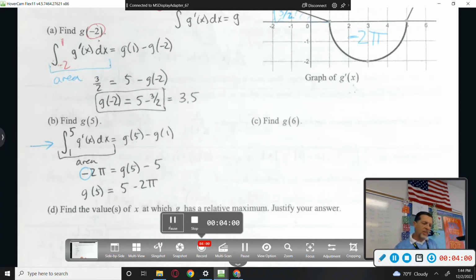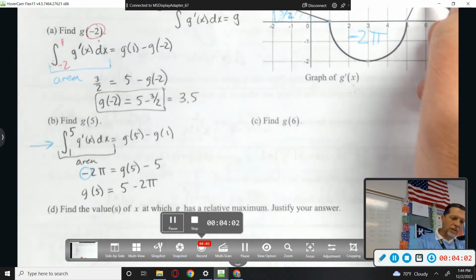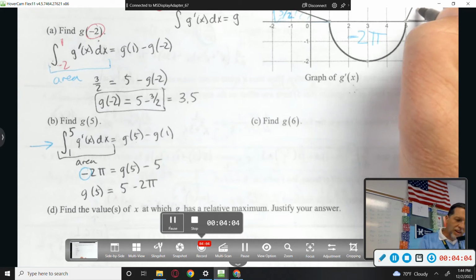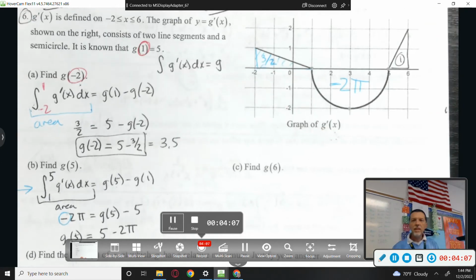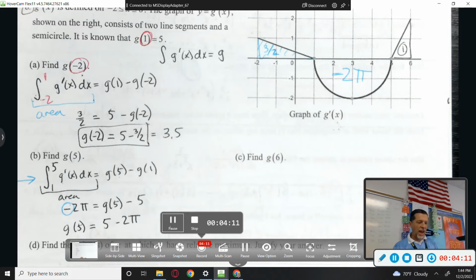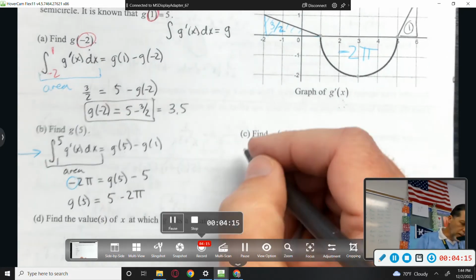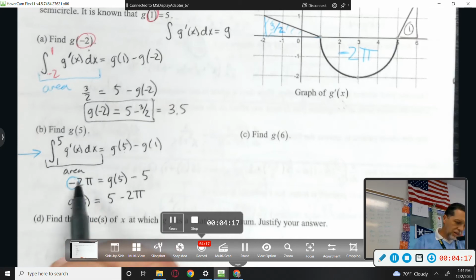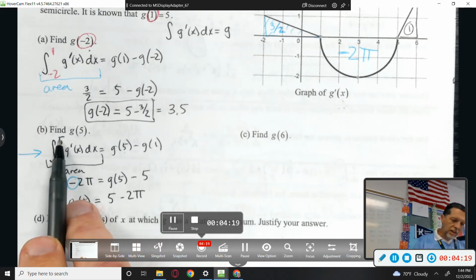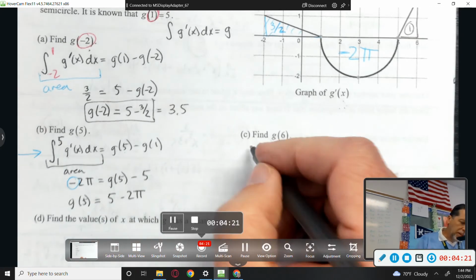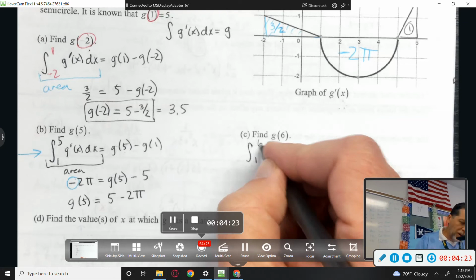G of 6 is going to be kind of the same thing, except you're going to have an extra area there at the end. So I think that'll just add 1 to your answer from B. Is that right?